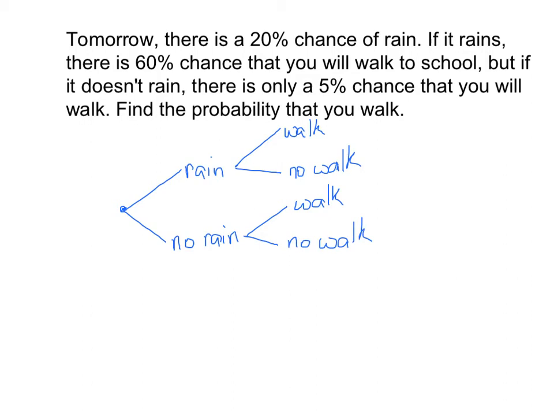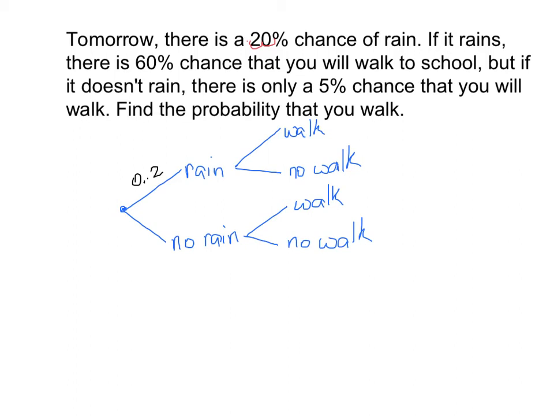So now, since there is a 20% chance of rain, we would put our 20% here on our tree. However, since we know we're going to do multiplication, it might be a good idea to convert that to decimal first. So let's move that over 2 places to the left, and we get on our tree 0.2.